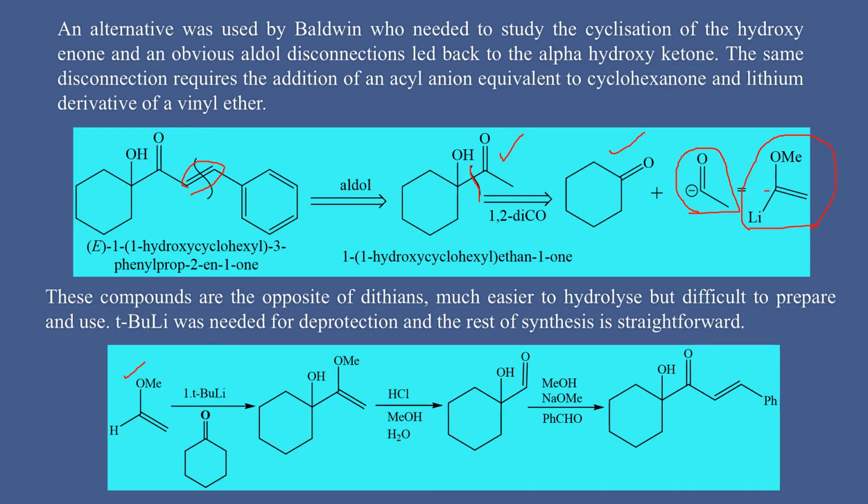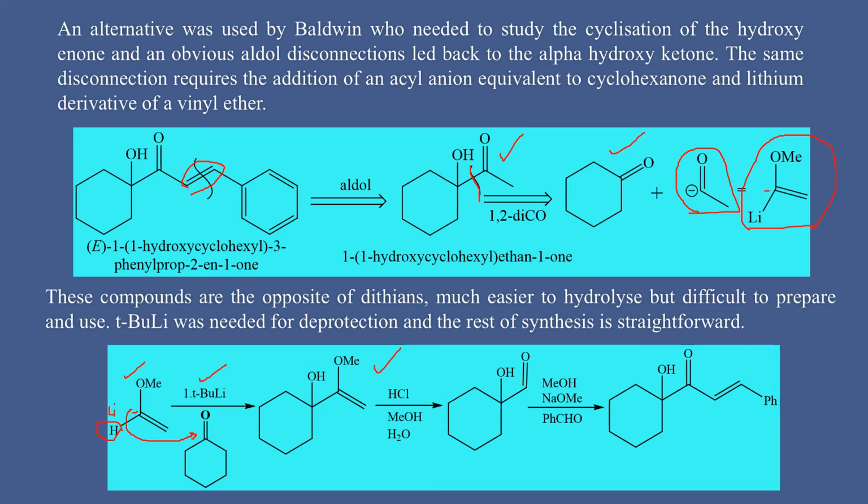When it is treated with tertiary butyl lithium, it is converted into the lithium derivative by the exchange of hydrogen with lithium, and then it reacts with cyclohexanone, and this carbon will attack this one, and this product is obtained.